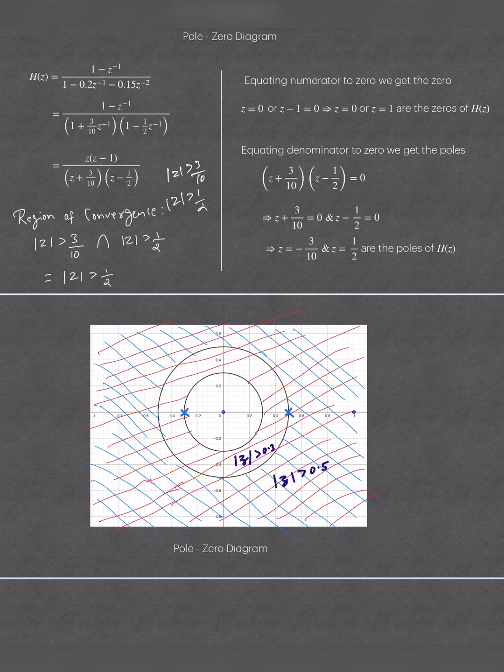But mod z greater than 0.5, you can see these blue lines, I just marked this side, right? So the intersection of these blue lines and red lines, where are they? It is just outside this concentric circle, I mean all these places, right? So this is your region of convergence actually. So you can shade this part and tell this is the region of convergence. So this is the pole zero diagram.